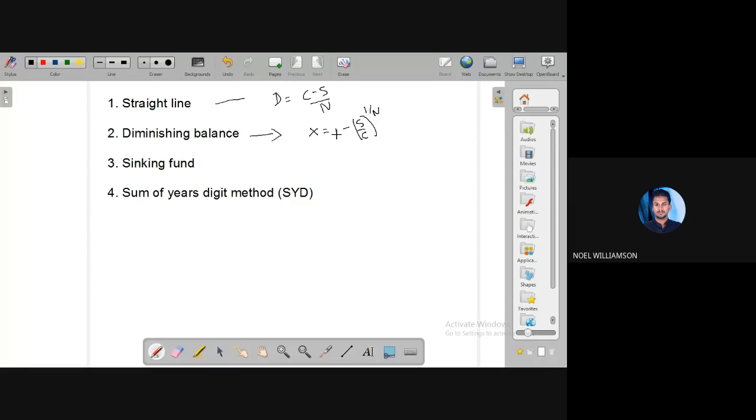Now coming to the sinking fund method. Here also we have a factor, the annual rate of depreciation. Depreciation means loss of value.